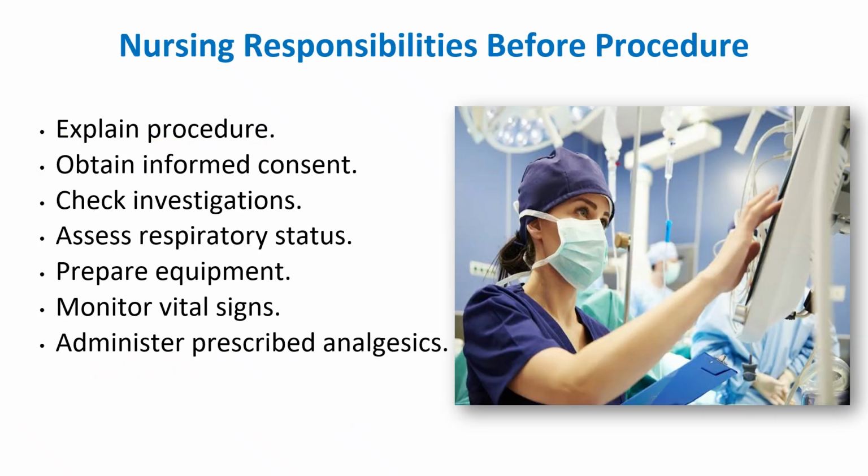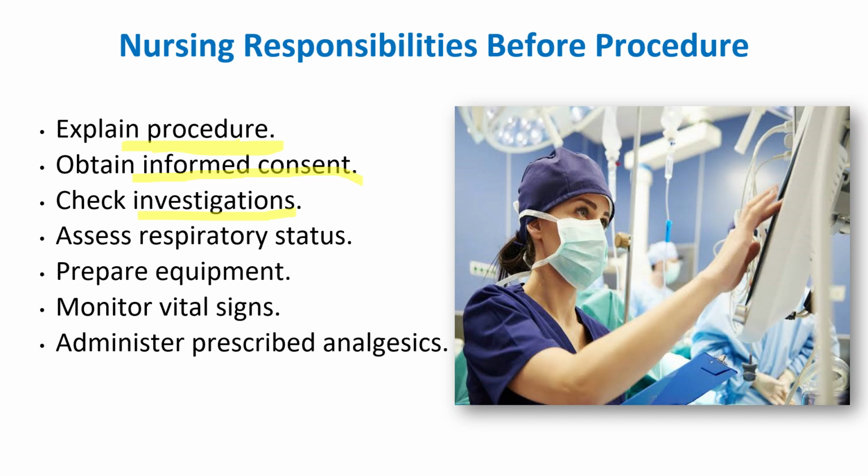Okay, fine. Next, here comes the important point: nurse's responsibility before the procedure. Before ICD insertion, what are our responsibilities? You have to explain the procedure to the patient again and again, and obtain informed consent. Check the investigations, especially your BT CT value, in order to prevent the patient from having bleeding issues. So you have to check investigations, especially BT CT and the basic hemoglobin level and all those.